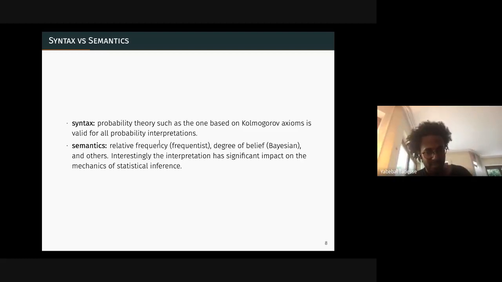But the semantics, which is the interpretation of it, of course has differences. How you assign probability is different depending on which philosophy you adopt. The two common ones are frequentist, where you assign probability based on a hypothetical frequency of how often something happens, and what we call Bayesian, where it doesn't matter how often, you can't measure that, but what you use is your degree of belief.